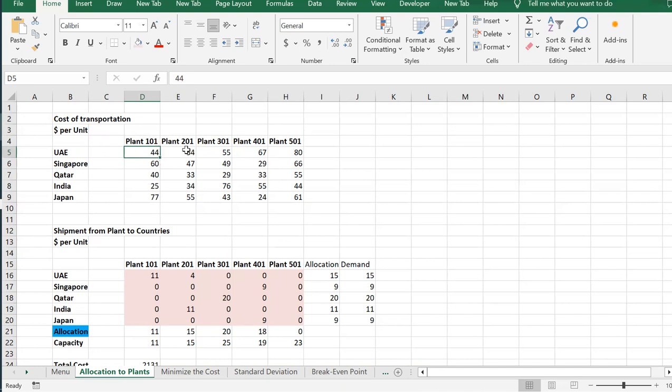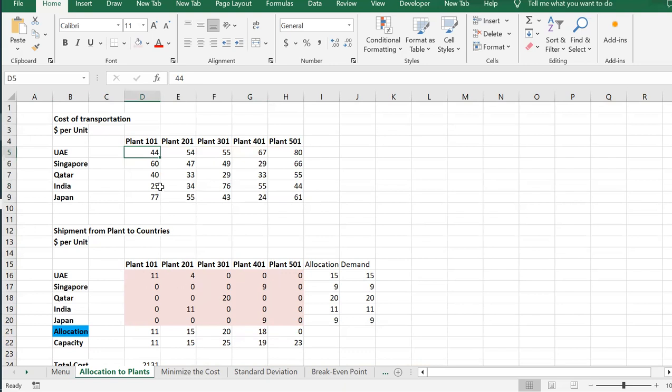This is the cost, right? Similarly, 501 takes only 80 dollars per unit to sell your product into the UAE, right? So these are the fixed costs which are determined already per unit you already have.